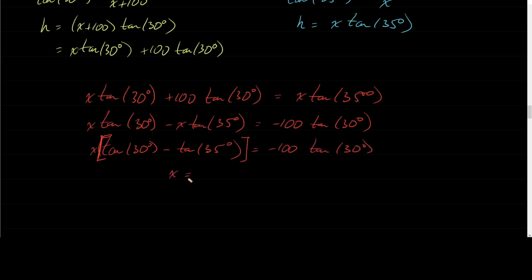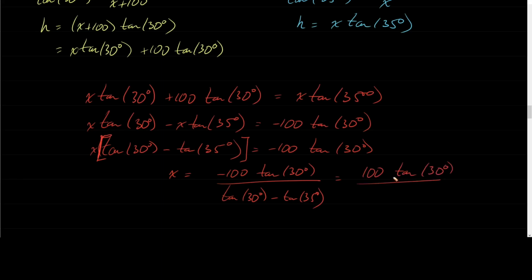Meaning that x would be equal to simply negative 100 tan of 30 degrees over tan of 30 degrees minus tan of 35 degrees. We could really rewrite this as just positive 100 tan of 30 over tan of 35 minus tan of 30. All right.